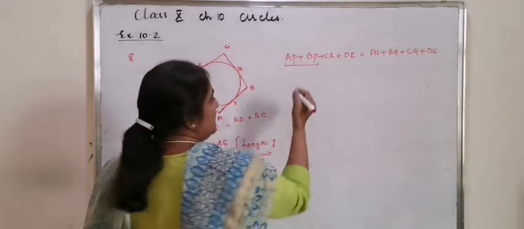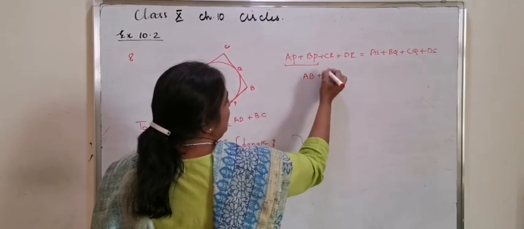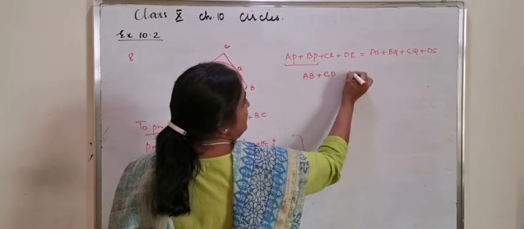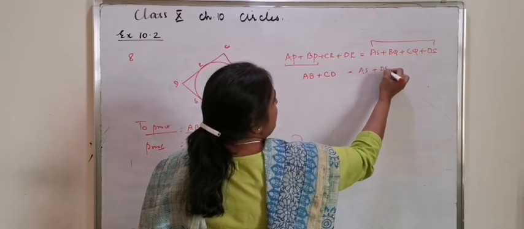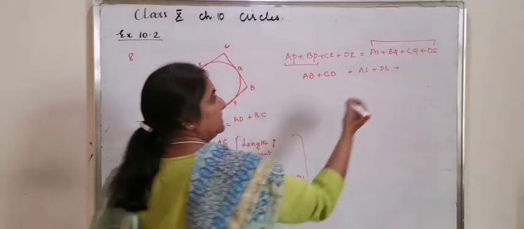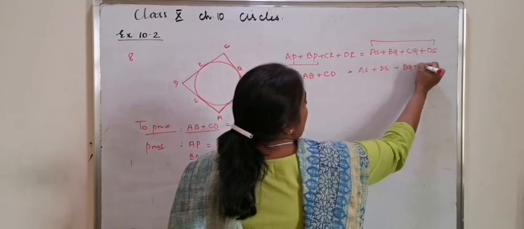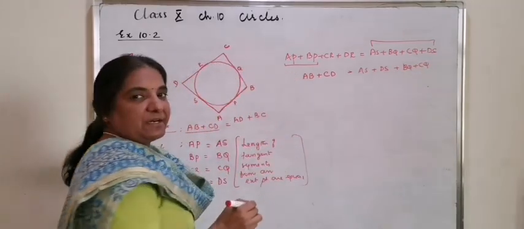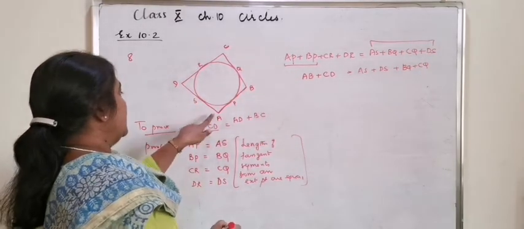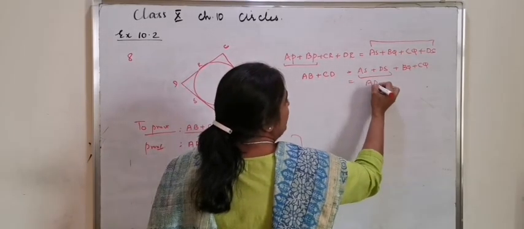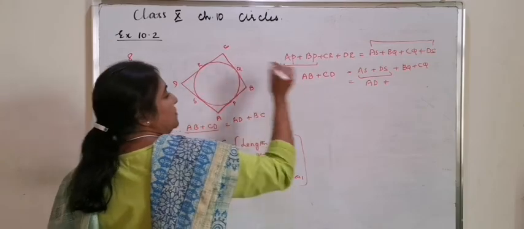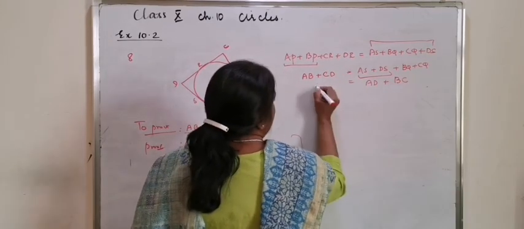AP plus BP is the same as AB. CR plus DR is the same as CD. You can bring AS plus DS together and BQ and CQ together, just a rearrangement, which shows that AS plus DS is giving you AD and BQ plus CQ is giving you BC.